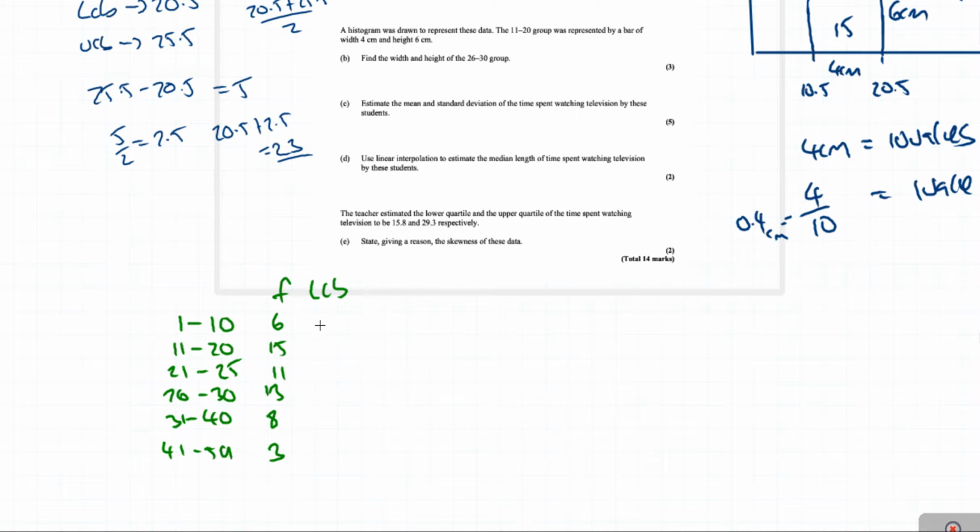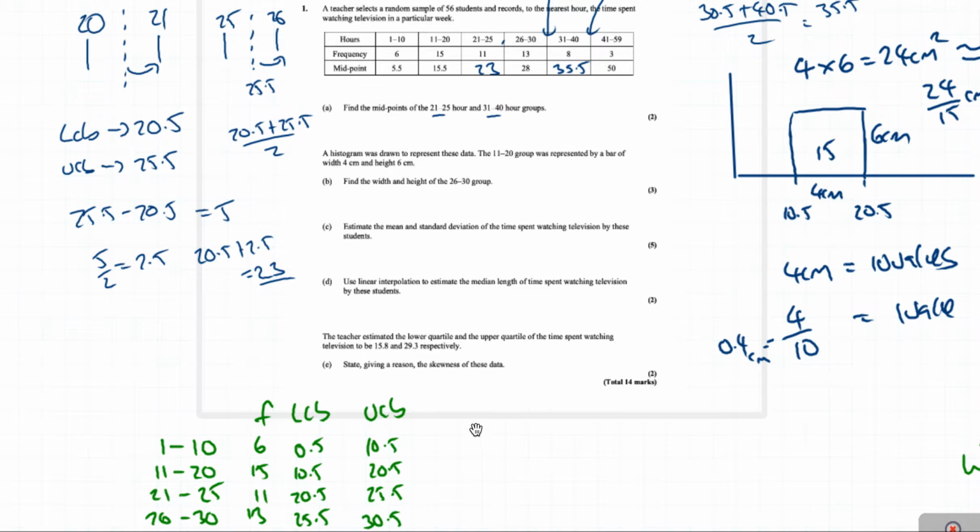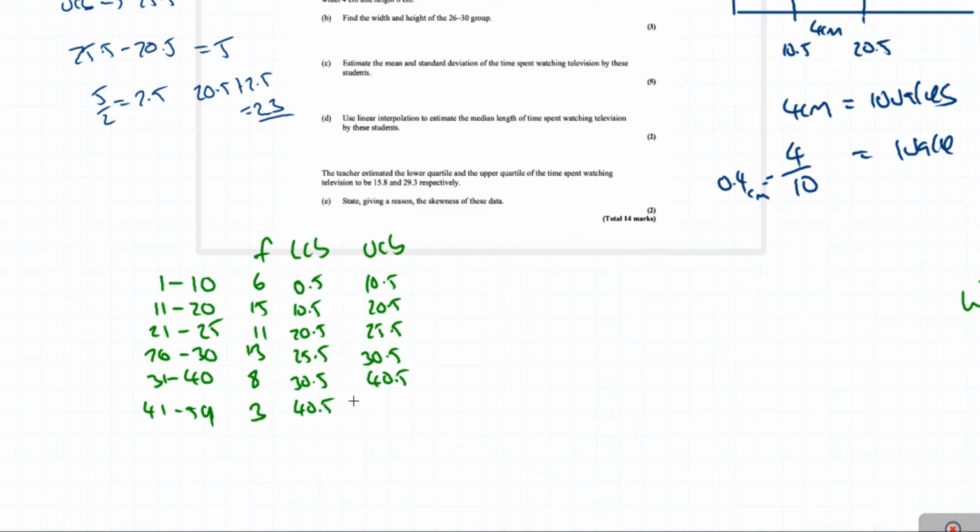So the lower class bounds are going to be 0.5, 10.5, 20.5, 25.5, 30.5, and 40.5, and the upper class bounds being 10.5, 20.5, 25.5, 30.5, 40.5, and what was the last value? Last value is 59, so it's going to be 59.5.